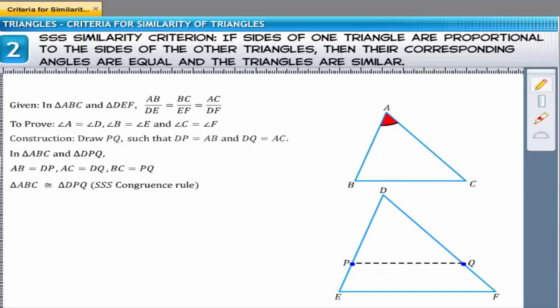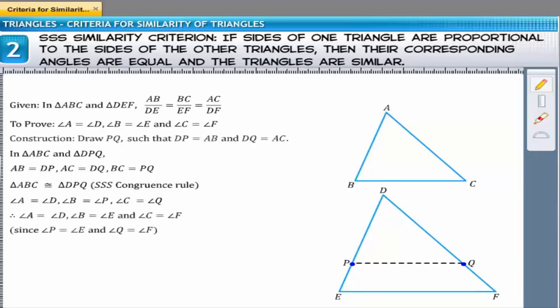So now angle A is equal to angle D, angle B is equal to angle P, and angle C is equal to angle Q. Since angle P is equal to angle E and angle Q is equal to angle F, angle A is equal to angle D, angle B is equal to angle E, and angle C is equal to angle F. Therefore, triangle ABC is similar to triangle DEF.